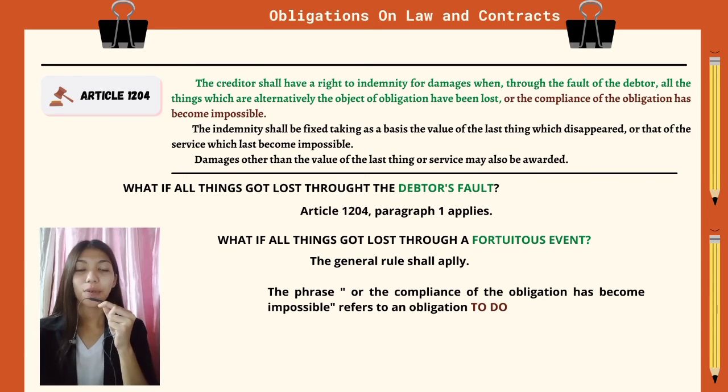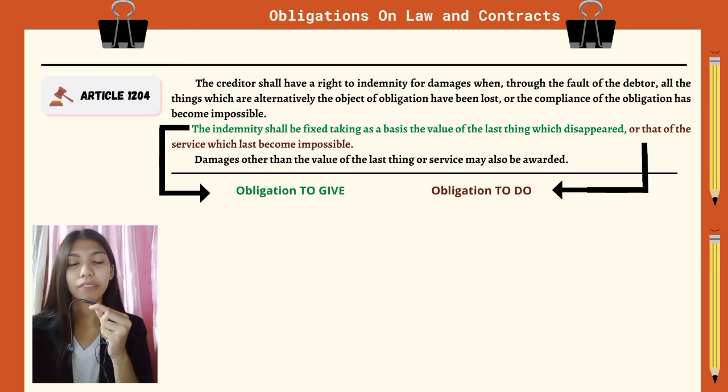The phrase "or the compliance of the obligation has become impossible" refers to an obligation to do, and the phrase "the indemnity shall be fixed taking as a basis the value of the last thing which disappeared" refers to an obligation to give, and the phrase "or that of the service which last became impossible" refers to an obligation to do.